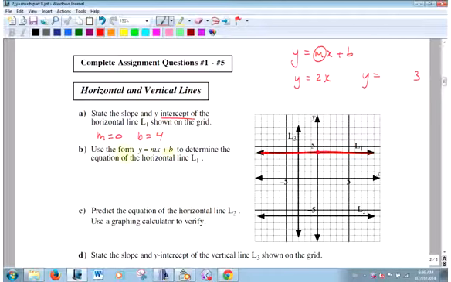B is 4. Use the form y equals mx plus b to determine the equation. Y equals mx plus b. There it is. Can I simplify that? Sure. Y is 4. Okay, same thing.